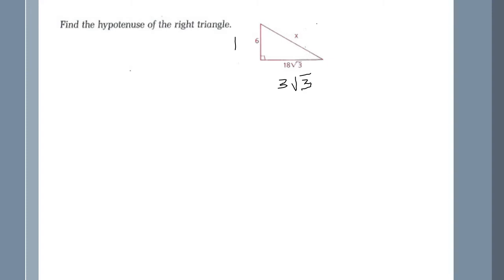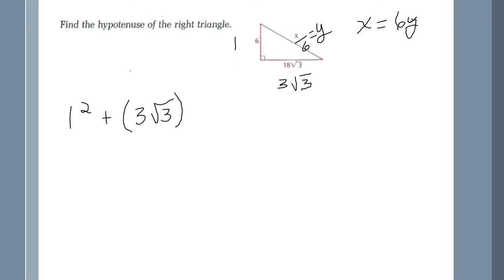So this will be y. x over 6 would equal y. Therefore, x is equal to 6 times y. I make this notation over here just to keep it out there so I know what to do later. So 1 squared plus 3 times the square root of 3, squared, equals y squared.